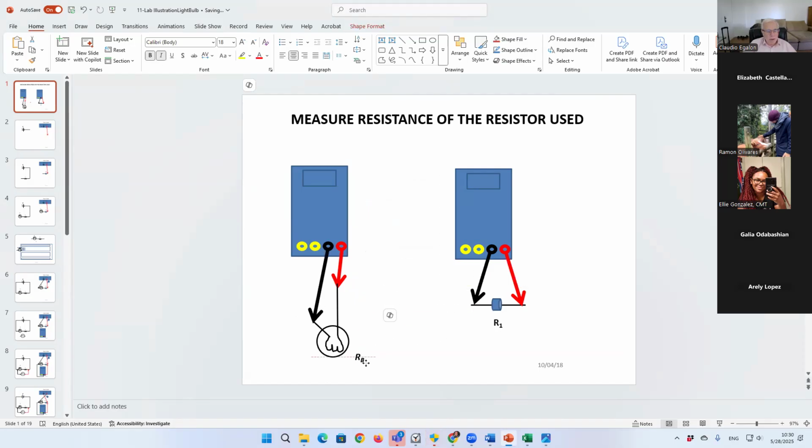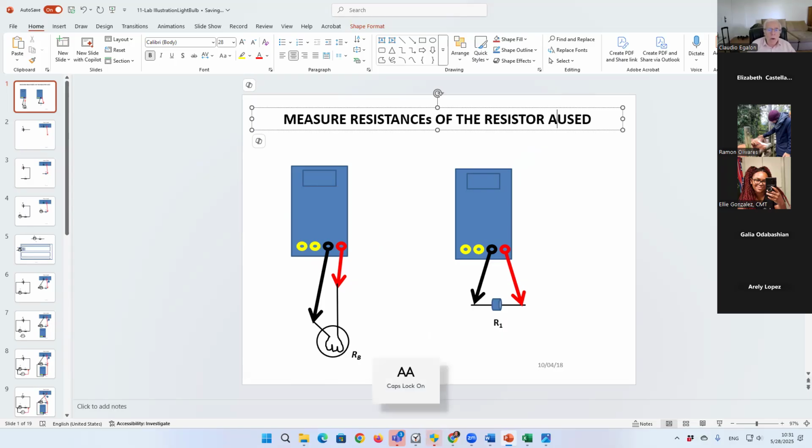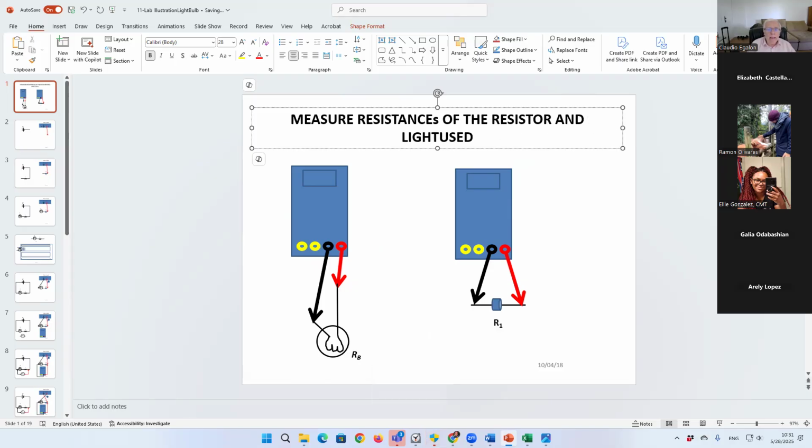But remember, this resistance is going to change as I pass currents through this device. When no current passes, we measure the resistance of this light bulb, okay? Measure the resistance of the resistor and light bulb used.